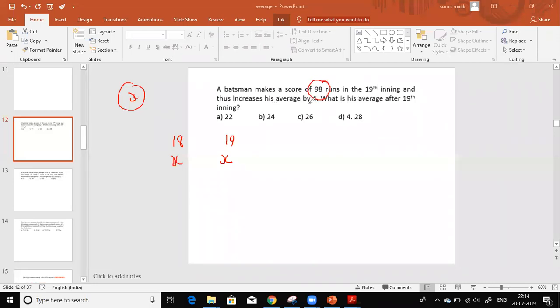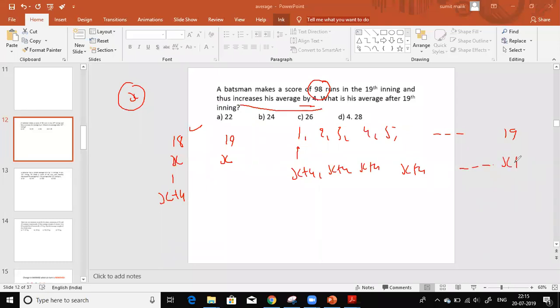Thus his average is increased by 4. What does it mean? If the average is increased by 4, it means in every inning he is scoring X plus 4 runs, 4 runs extra. So in his first inning he scores X plus 4, second X plus 4, third X plus 4, and so on till the 19th, he is scoring X plus 4.